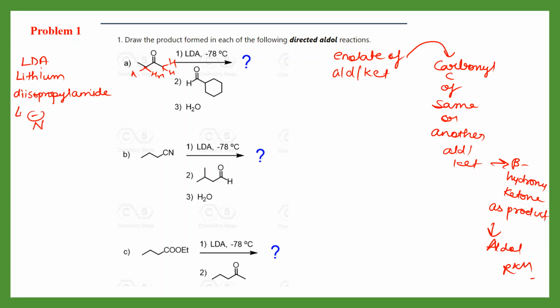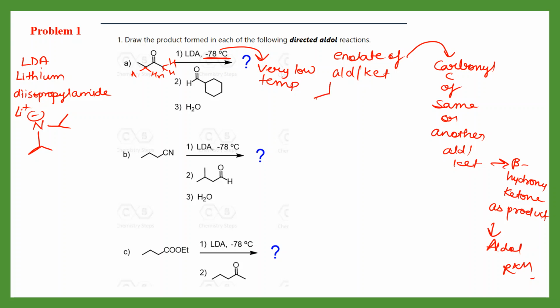If I draw its structure, it looks like this. From the structure we may see that this is a very bulky base. And if we look at the temperature, it is minus 78 degrees Celsius. It is a very low temperature.